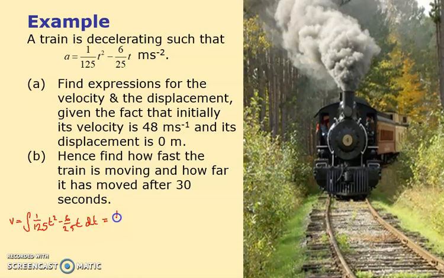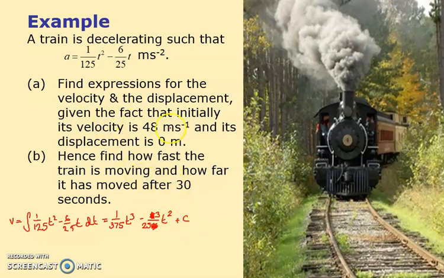So that's 1 over 375 t cubed. Add a power here, that's 6. Well, it's really 6 over 50, I suppose. The only problem with 6 over 50 is it's better written as 3 over 25. So I'm going to write it as the simplified version, 3 over 25, plus a constant.